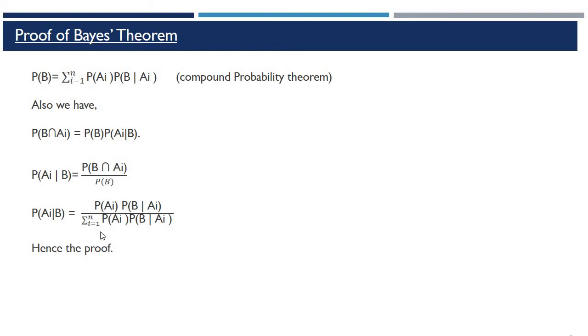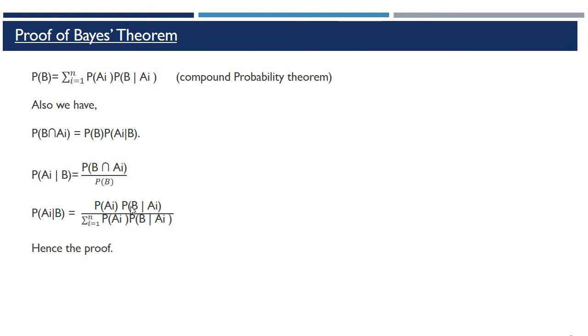Suppose i is equal to 1 and 2, we can write probability of A1 into probability of B by A1 plus probability of A2 into probability of B by A2. For example, if there are 3 machines, then i is equal to 1, 2, 3. So this is the proof of Bayes' theorem.